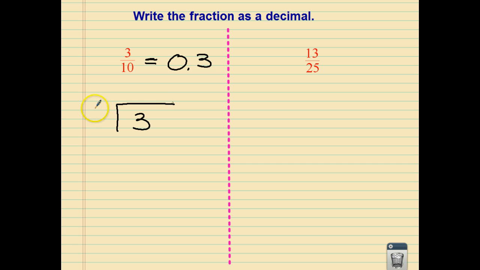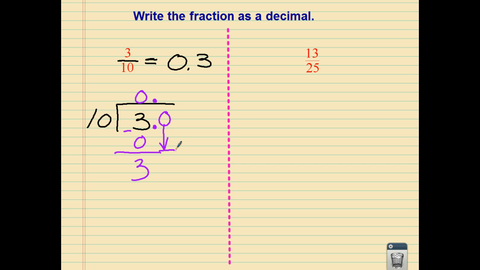So 3 divided by 10, your numerator divided by your denominator. And 10 goes into 3 0 times. 0 times 10 is 0. We subtract. And 10 cannot go into 3, but I can add a decimal point, bring it up, add a 0, and bring it down.